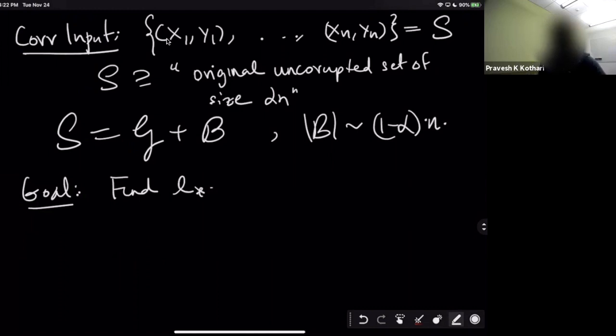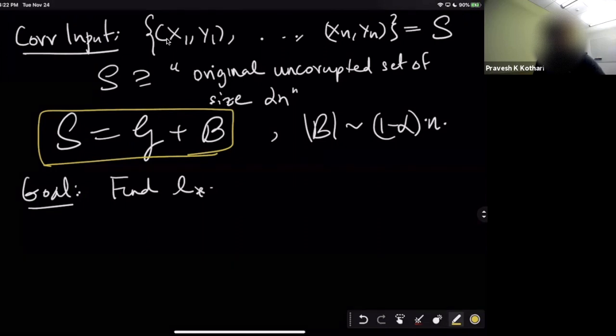Given this set of samples, G union B, where G is of size alpha n and B is of size 1 minus alpha n. Think of alpha as like 10%. So 10% of the samples are good, 90% of the samples are corrupted, and perhaps maliciously corrupted. Tim generated it for you with the hope that he would be able to stop you from finding L star. Your goal is to see if you can find L star. The question is, can you do it? That's my silly question number two.